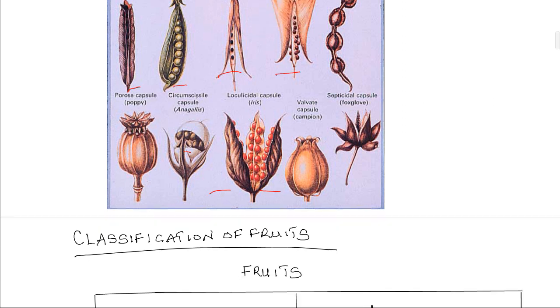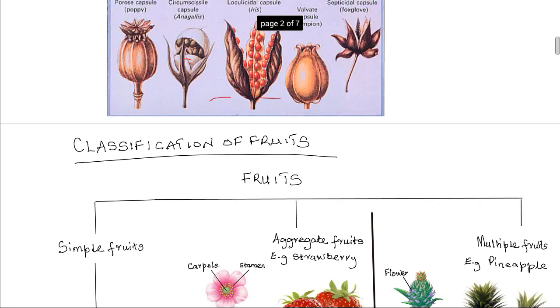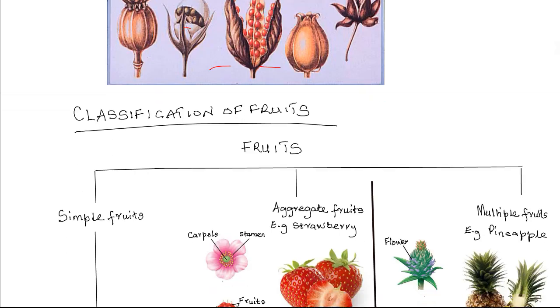Fruits can also be classified in a number of ways. There are mainly three categories of fruits. One, we have the simple fruits.